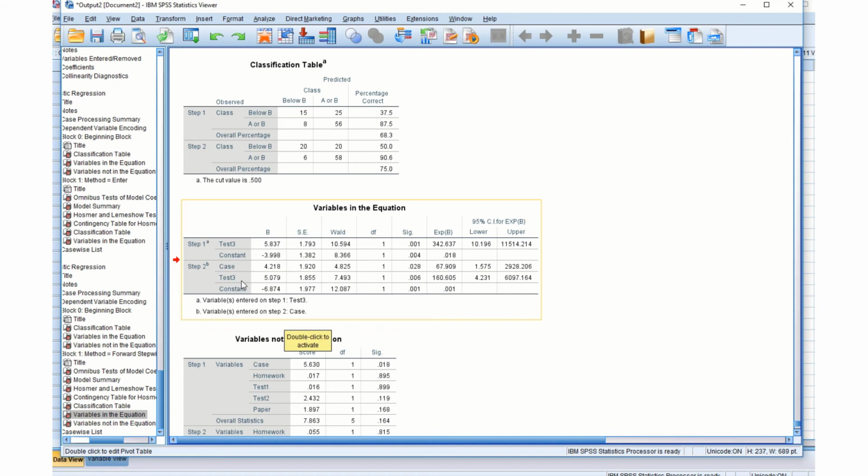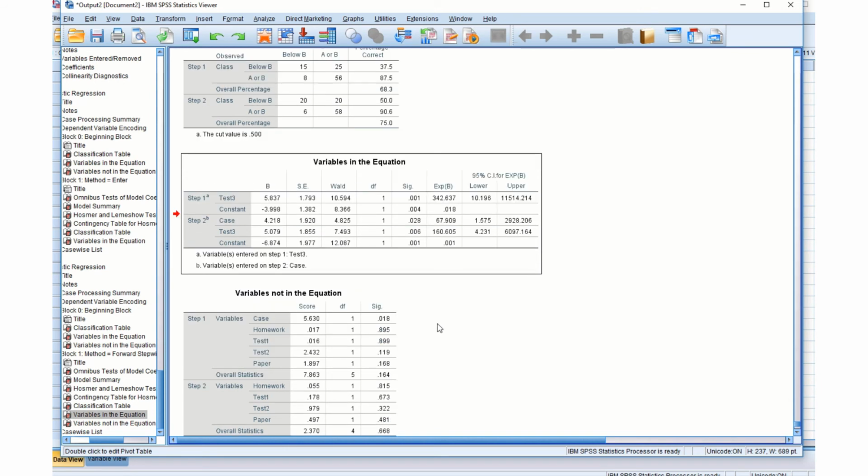People who do well on test 3 are 160 times likely to be an AB student. So that is really telling in terms of what is significant for a student to focus on during their time in this particular class to get a good grade.